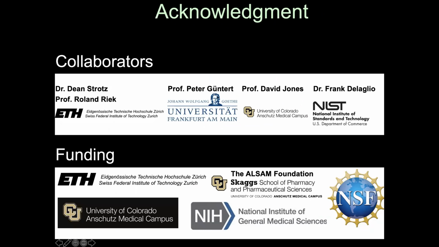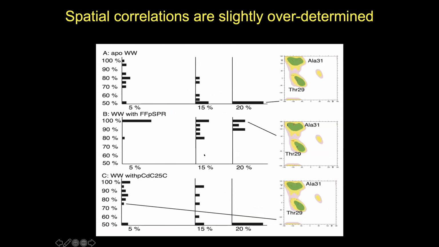Then we worked closely with Peter Güntert, who is the developer of CYANA, and we also had help from Frank Delaglio with the non-uniform sampling project that I didn't really go into now. Okay, so I'm opening up for questions.